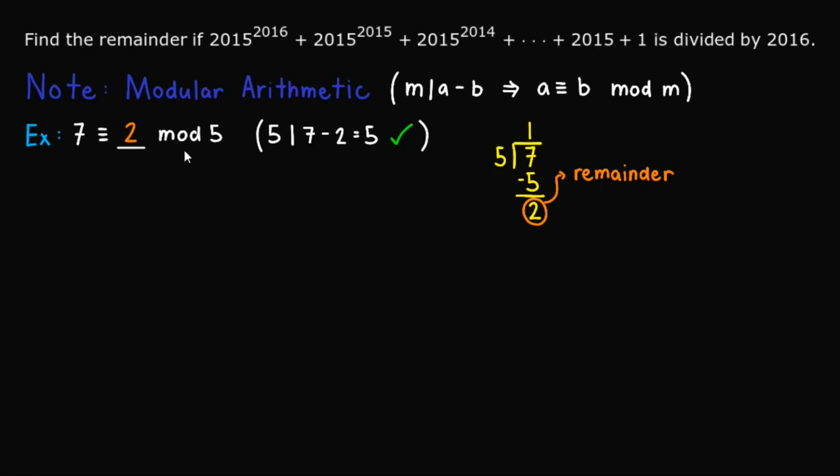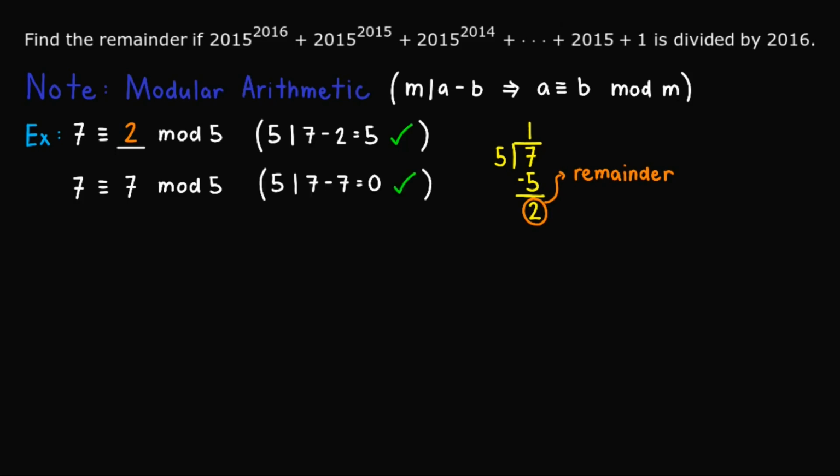But aside from this, take note that if we add 5 here, so 2 plus 5, observe that the congruence will still hold. 2 plus 5 is 7, so we have 7 is congruent to 7 modulo 5.